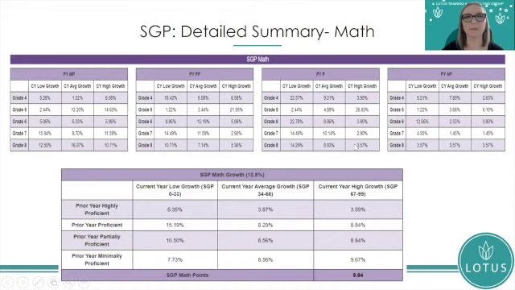If we're looking at my screen here, 5th grade, prior year proficient students, 26.83 of them were making high growth. That's amazing. 5th grade partially proficient students, almost 22% of them made high growth.